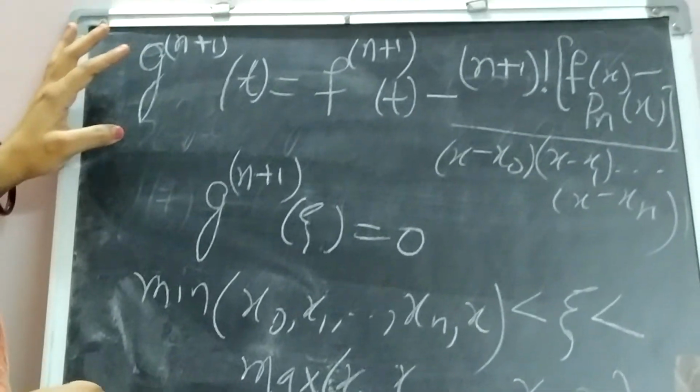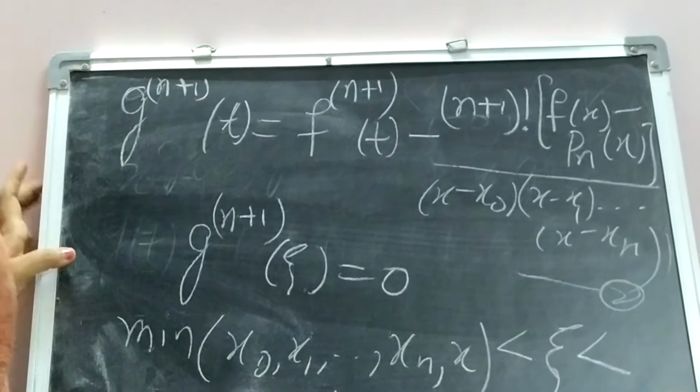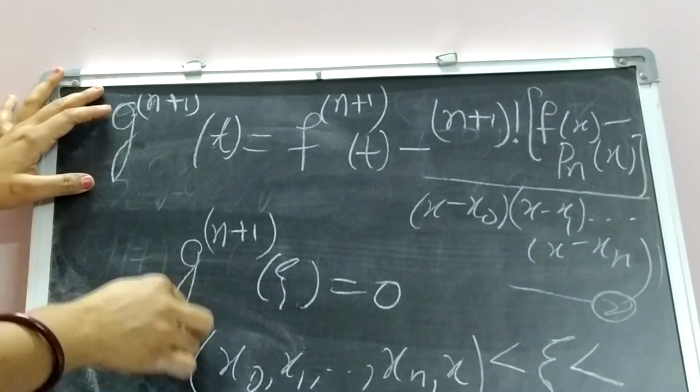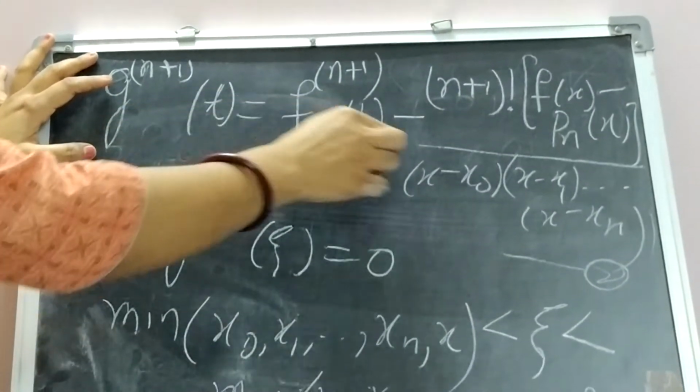So this we will get. Let it be equation number 2. Now equating these two equations, here it is equal to 0 and here we are going to get this.